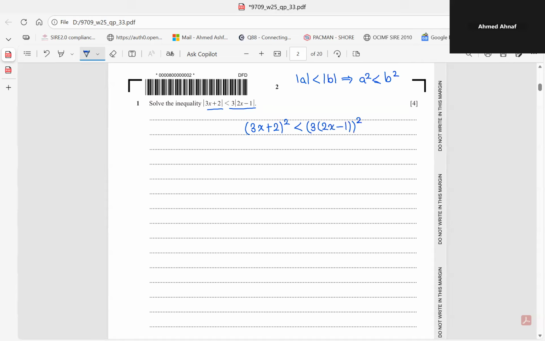On the right-hand side, we have to spread the index to both the 3 and the 2x minus 1. So that would basically be 3 squared times 2x minus 1 squared. Actually, let's just keep it as 3 squared.